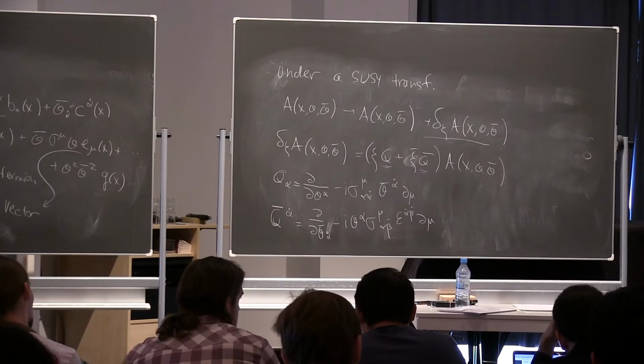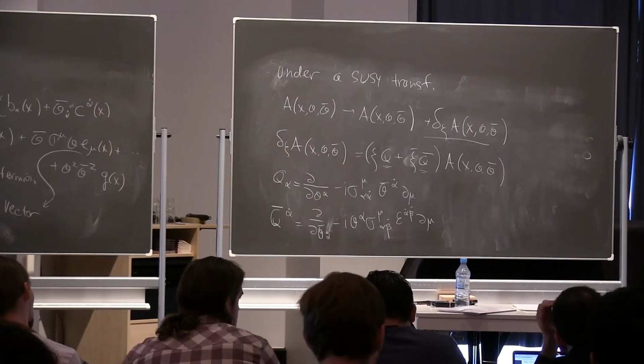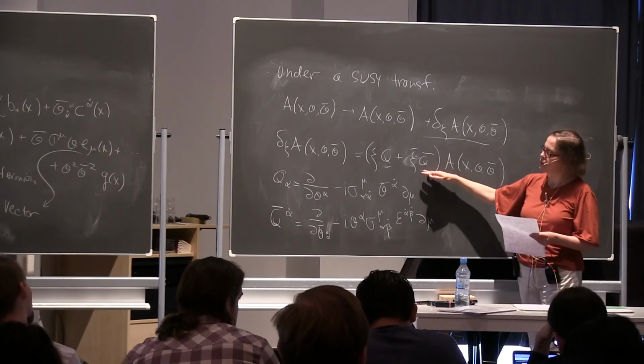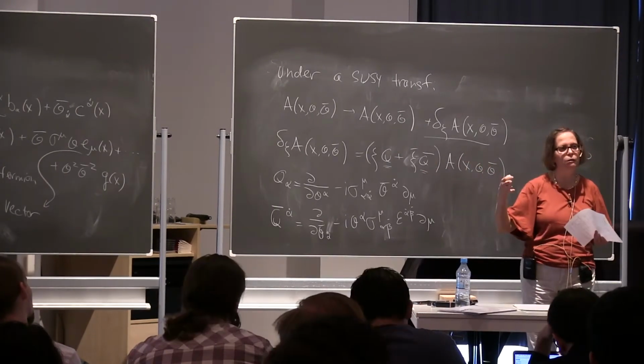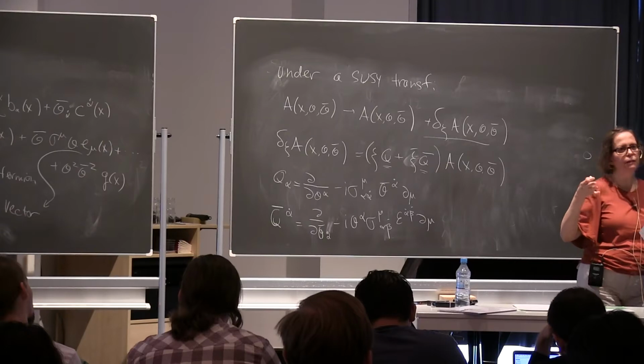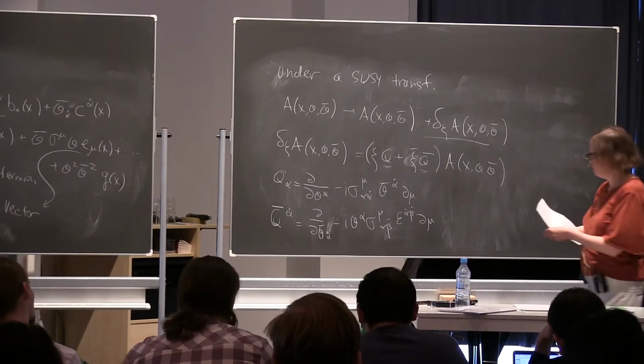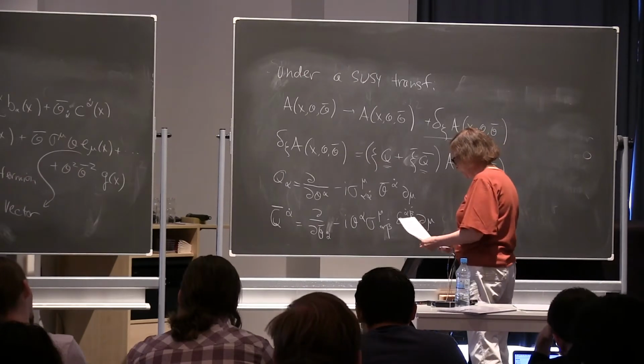Now this looks very weird until you actually perform the transformation. If I do this for a superfield that I already know, I should recover everything we said about how the different fields transform. So indeed, that's exactly what happens.